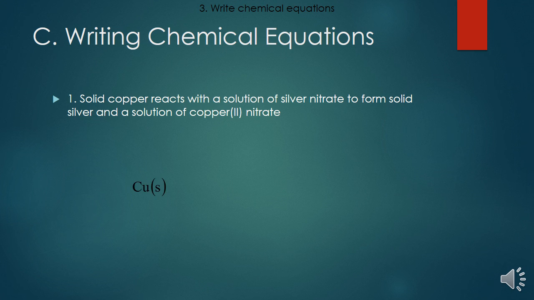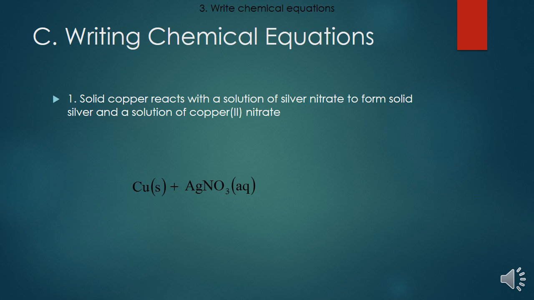The symbol for copper, we can look that up on the periodic table, that is Cu. We're told it's a solid, so I'll put S in parentheses there. To show that it's reacting with silver nitrate, I will separate the symbol for copper and the formula for silver nitrate with a plus sign, so I'll put a plus sign next. Now I need to write the formula for silver nitrate. That would be AgNO3. Here's where your nomenclature becomes very important.